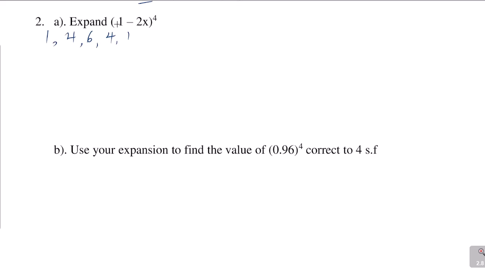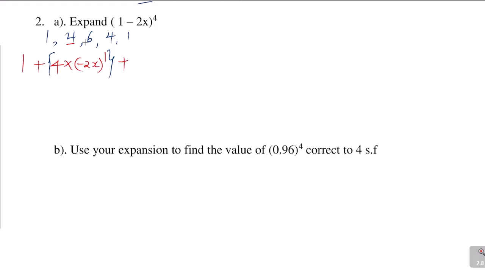The first term will be 1 to power 4. 1 raised to power 4 will still be 1. Then plus the second term: we take the coefficient first, 4, multiplied by the second term, negative 2x, raised to power 1.